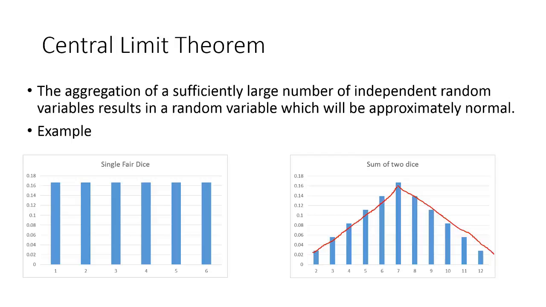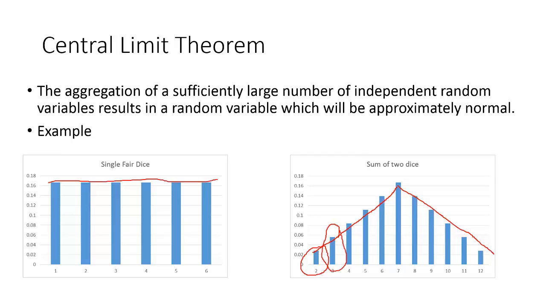What's happening now? Although the probabilities of rolling 1 through 6 were uniform, the summations, however, are not equal. So the probability of getting a 2 is lower than the probability of getting a 3.